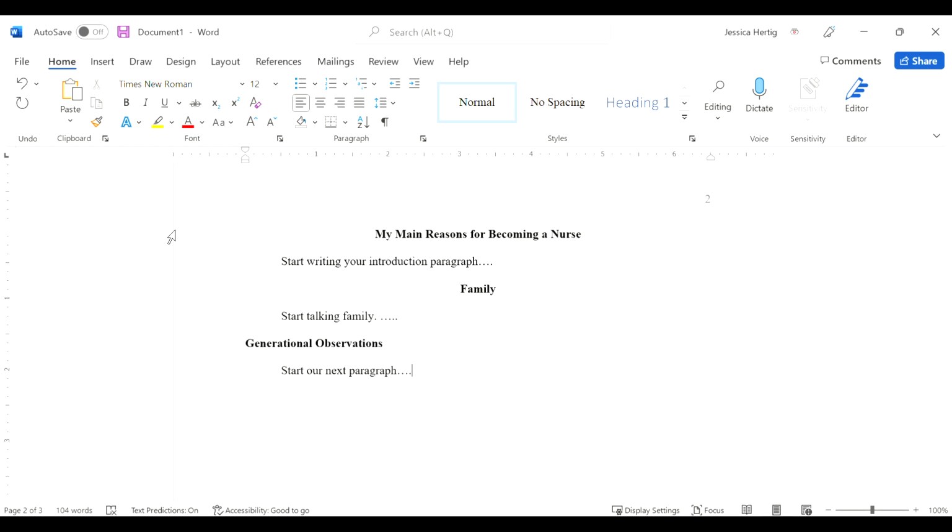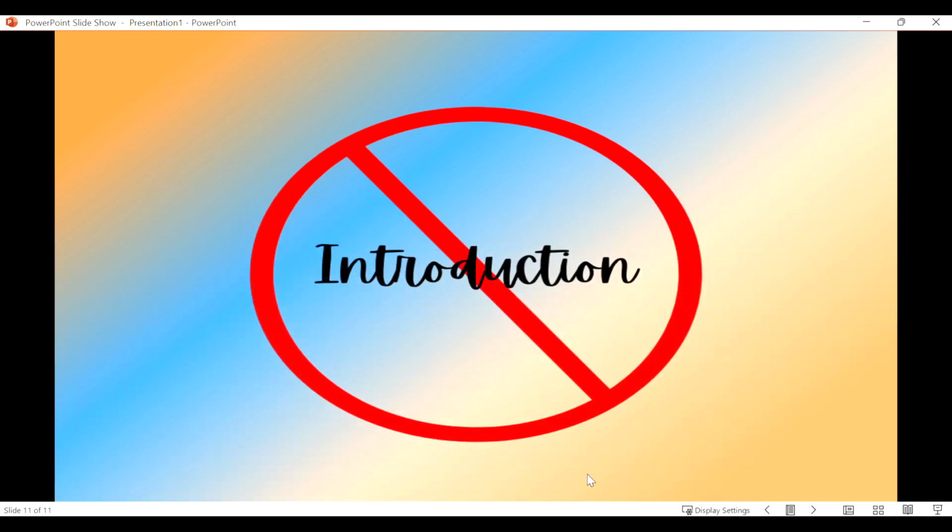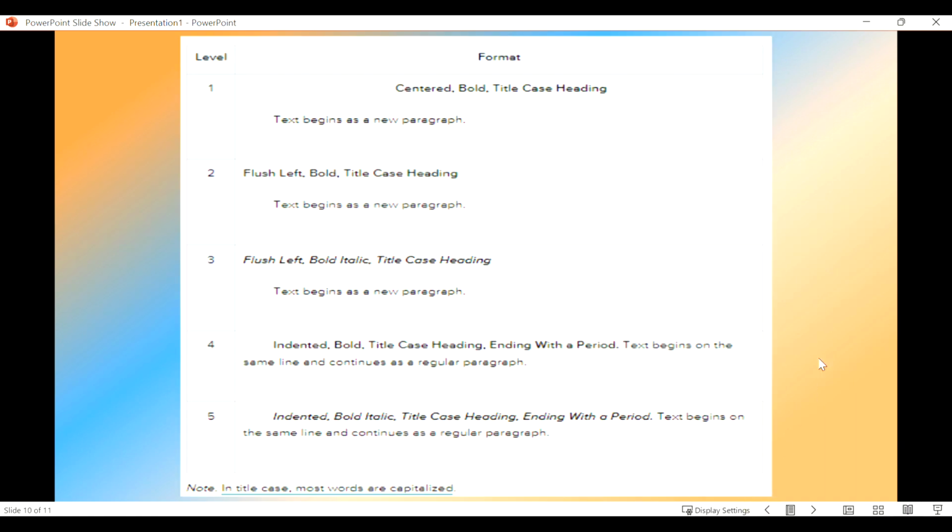Quite honestly, if you remember that table, I think I could pull it up again. Remember this table? It lists 5 different levels of headings. I have to say, at the level that my audience here, my students listening to this now, are at, it's going to be pretty infrequent that you go down past a level 2.